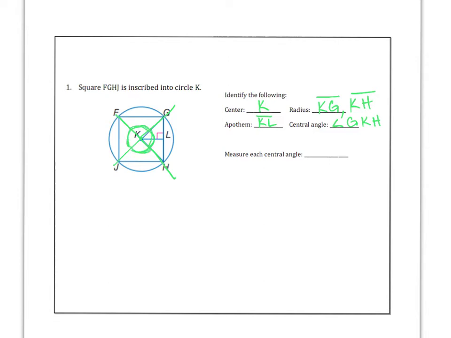If we added up all of those angles, they would add up to 360 degrees. In this case, our polygon has 4 sides or 4 central angles. So if we take 360 and divide by 4, we get 90. So the measure of each central angle would be 90 degrees. And you can see, oh yeah, they do look like 90 degrees.